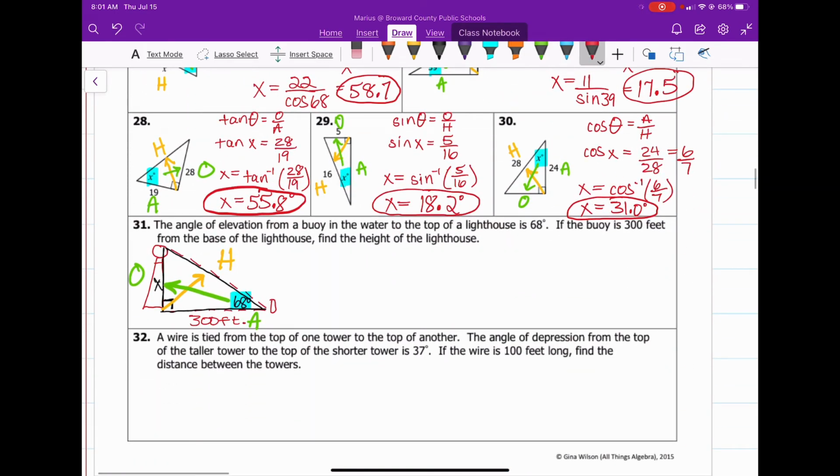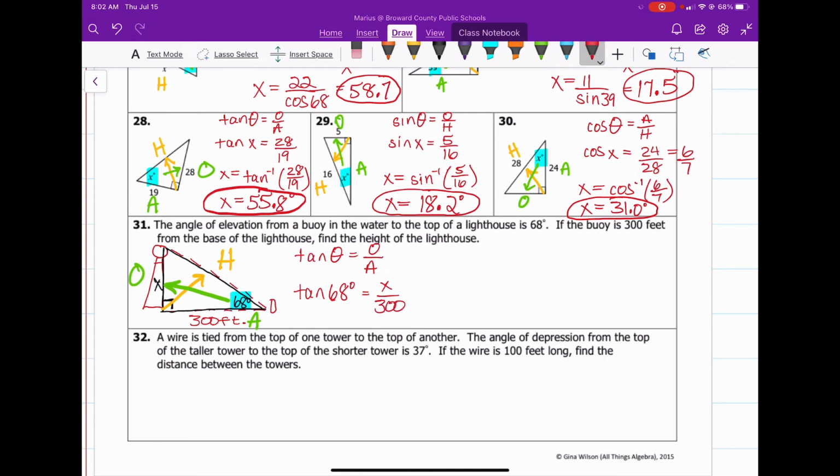So we're going to do tangent theta equals opposite over adjacent. In this case, it's tangent of 68 degrees equals x over 300.